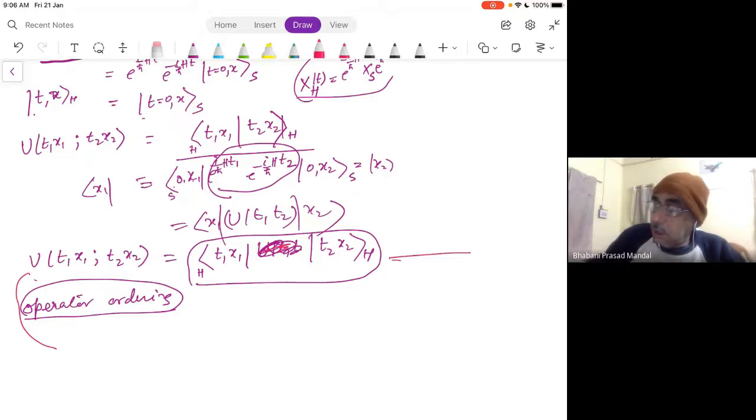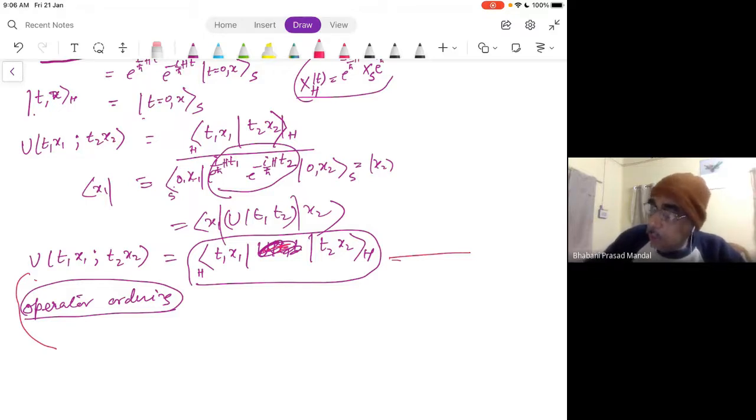But another important thing which you generally don't pay much attention to in your quantum mechanics courses is the operator ordering, and I found there are questions on operator ordering. So what is the meaning of operator ordering?